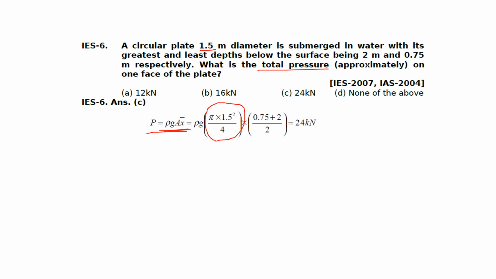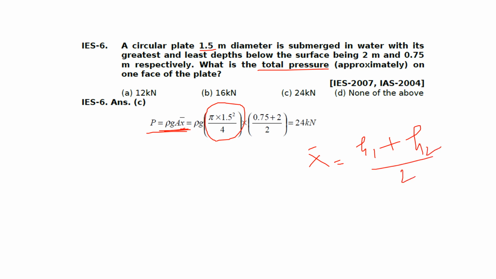Here the largest and least depths, h1 and h2, are given. So x bar is nothing but the average of that, h1 plus h2 by 2.